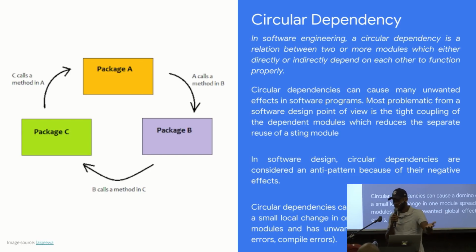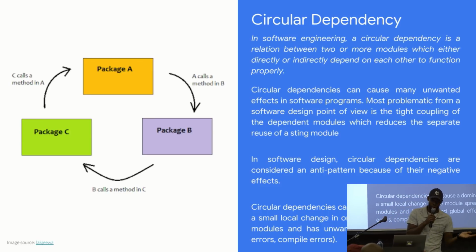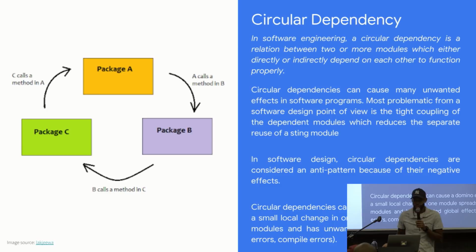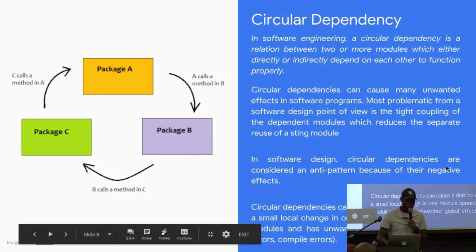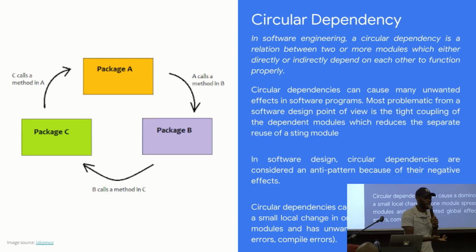Circular modularization. Stated here, in software engineering, a circular dependency is a relation between two or more modules which are either directly or indirectly dependent on each other to function properly. Looking at this diagram on the left here, you'd have package A, which makes use of a method or a class in package B, and package B makes use of a method or a class in package C. So that creates a circular dependency among the three packages.